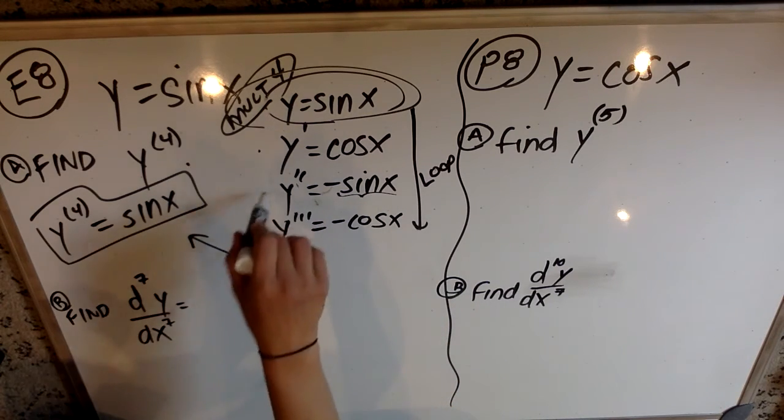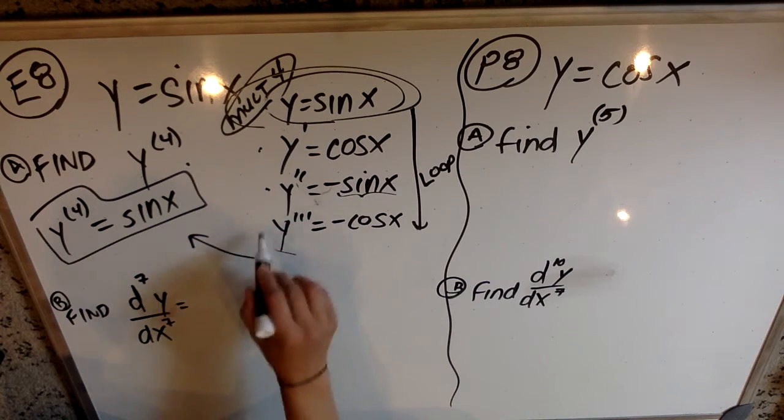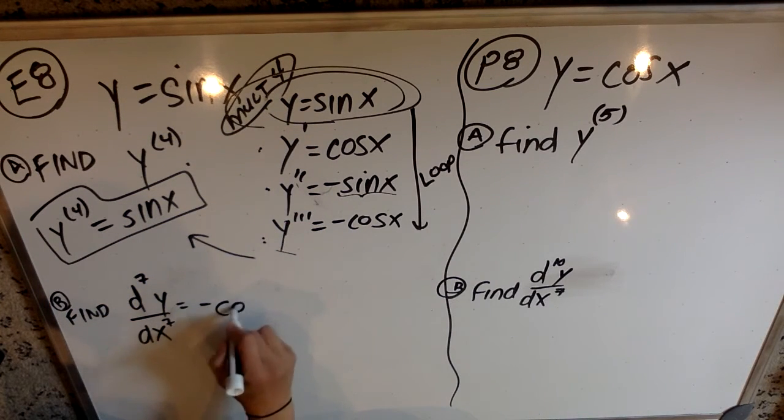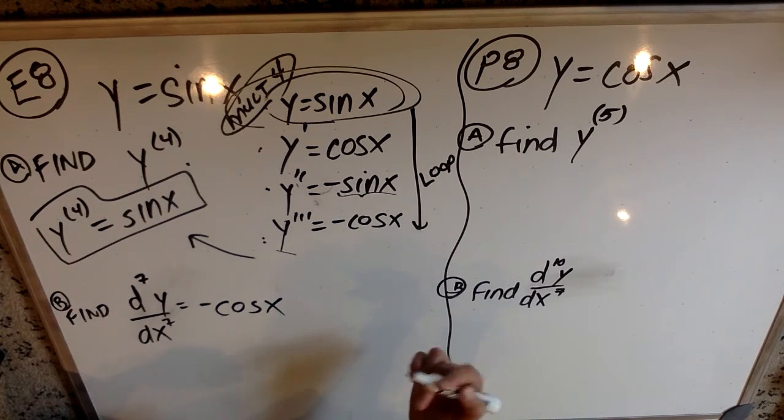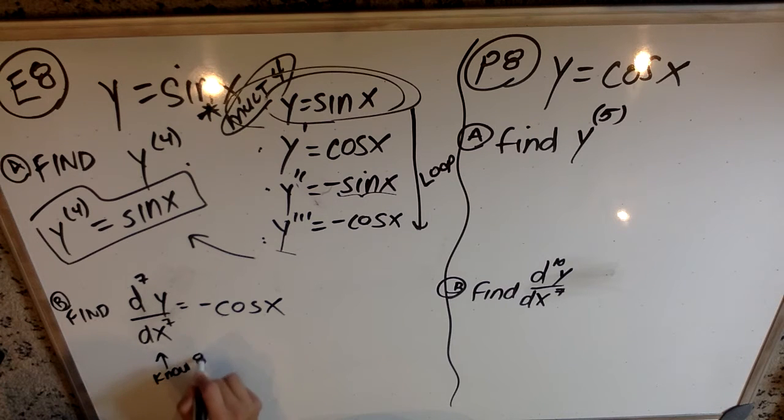First derivative, second, third, fourth loops back to sine. 5th, 6th, 7th would be this, so negative cosine of x. The other way to logically think about it is if you know that this is every multiple of 4, then 7 should be right before you hit a multiple of 4, right? So since I know that the 8th one is sine again, it must be just before that.